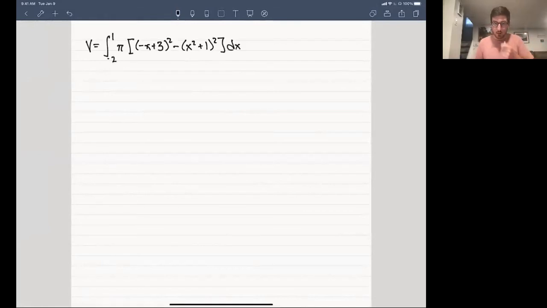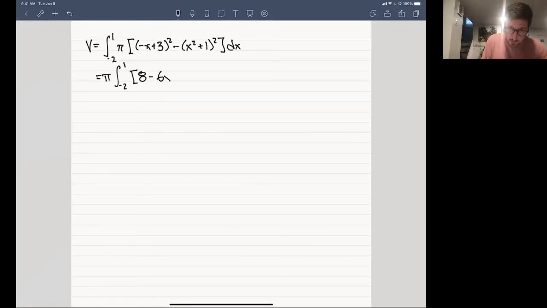dx. We can expand out these square terms using say a FOIL operation. And this will give us a nice quartic polynomial. So we get 8 minus 6x minus x squared minus x to the 4 dx that we are being asked to integrate here.